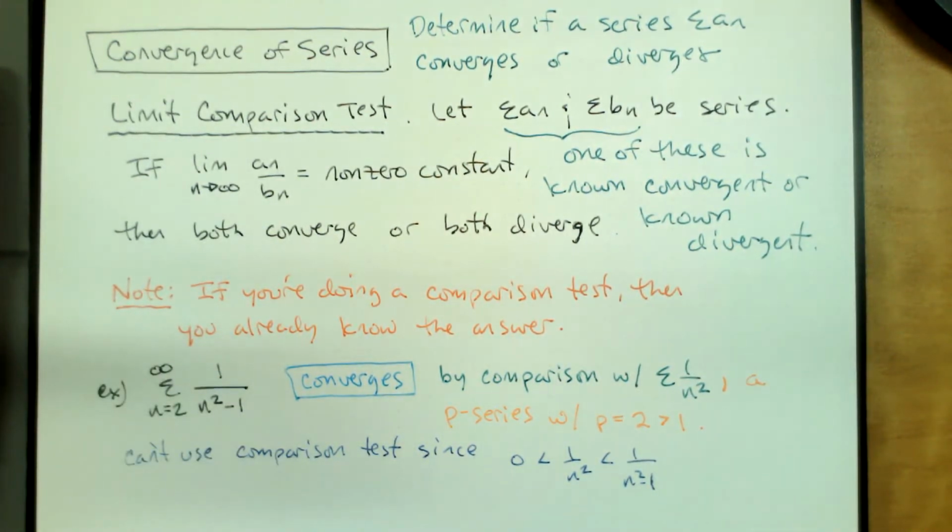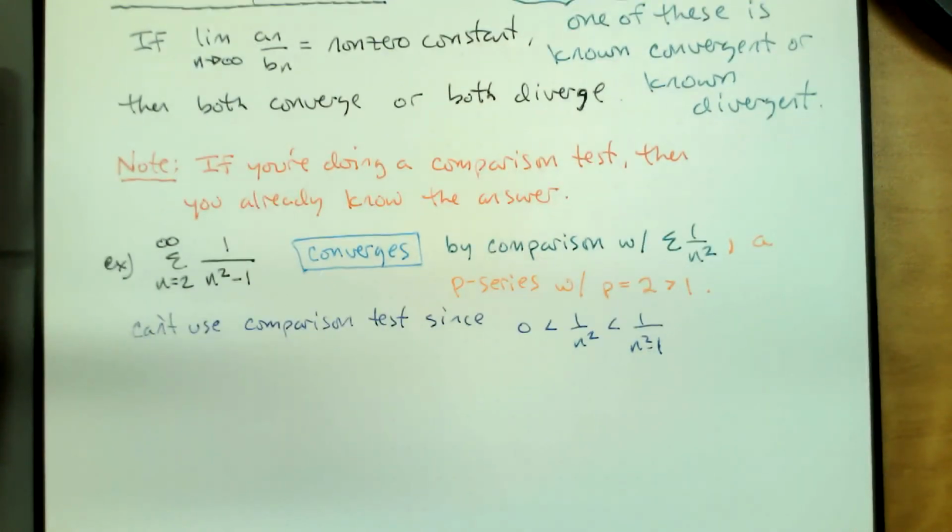We're trying to show something converges. We need something bigger that converges. So we can't use the comparison test since the comparison goes in the wrong direction.